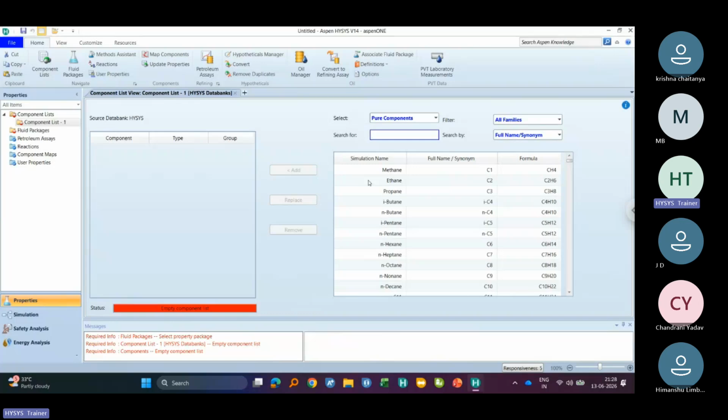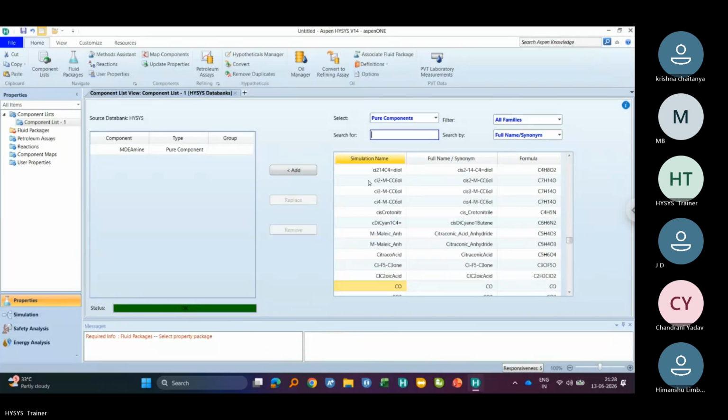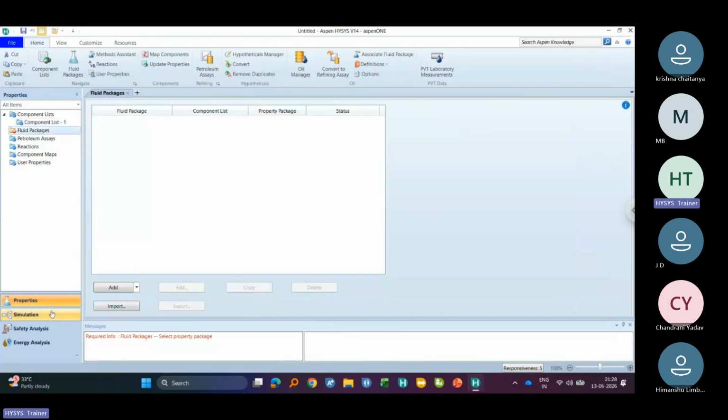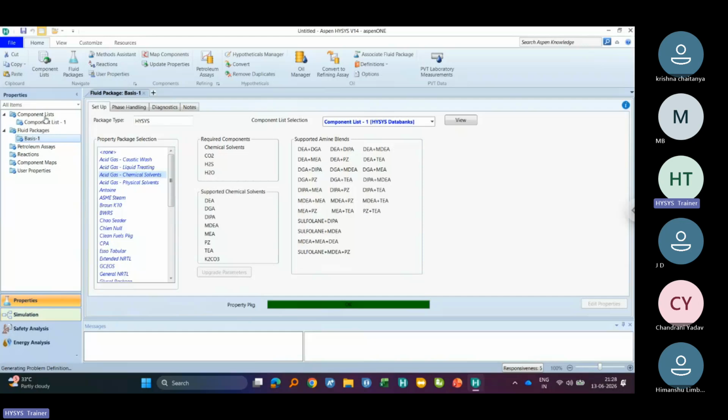So I will just add the components quickly again. We'll go for the simulation part.